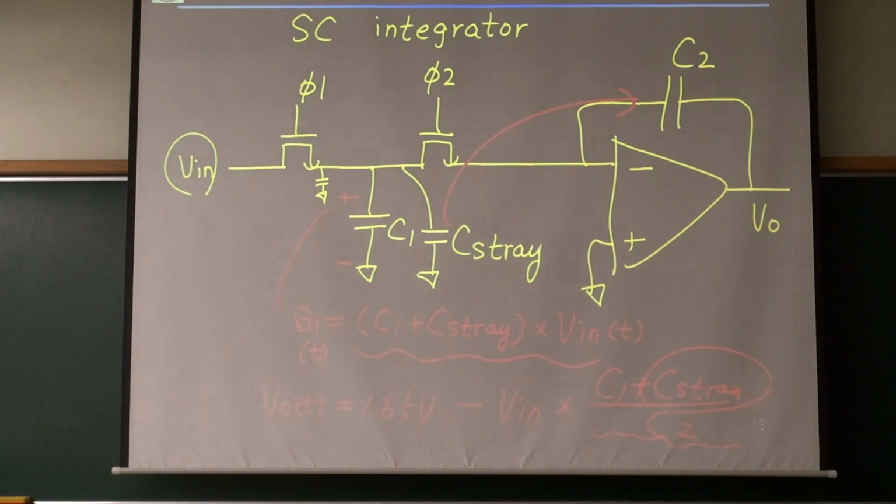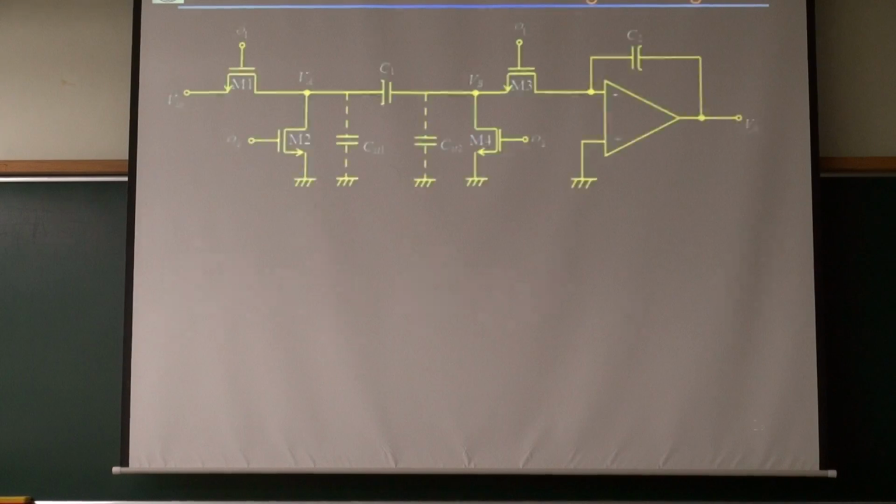Besides, this C stray may be voltage dependent. I mean nonlinear. It will generate some distortion, right? So that's no good. We have a good one. Stray insensitive. Okay, this one is stray insensitive.